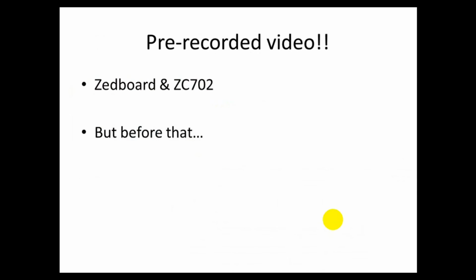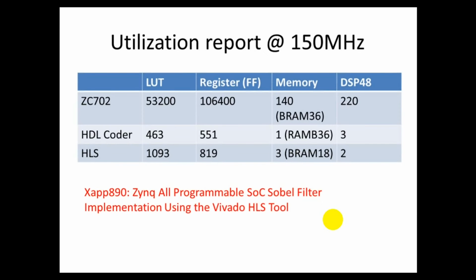Okay, so actually I pre-recorded 2 videos for these 2 demos, but before I play the demo, let's look at the utilization report. Many of my coworkers, or many of you, might be wondering what the differences are between high-level synthesis from Xilinx and HDL Coder from MathWorks.